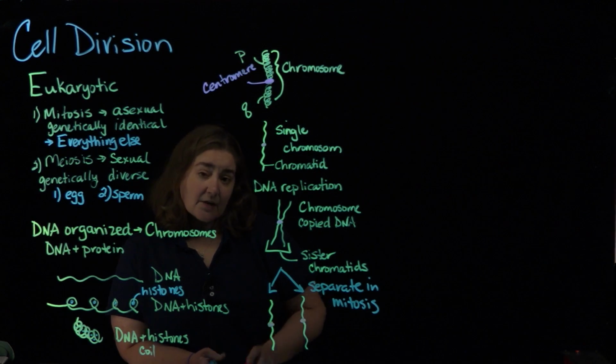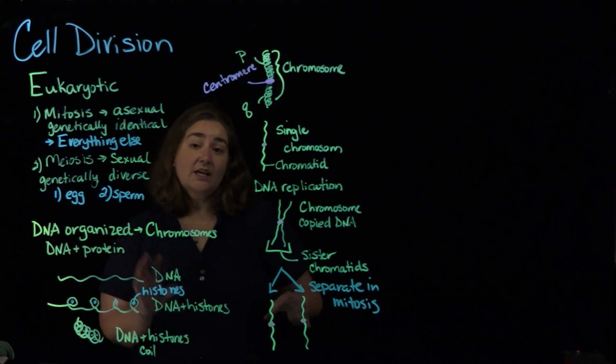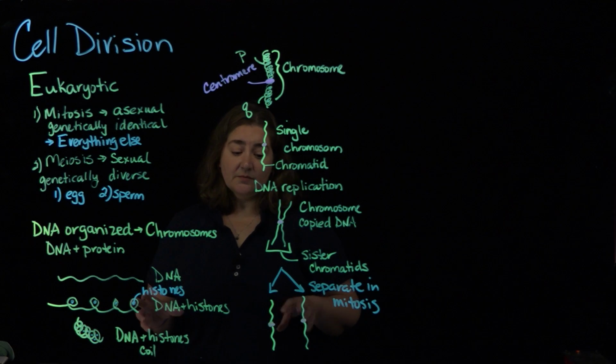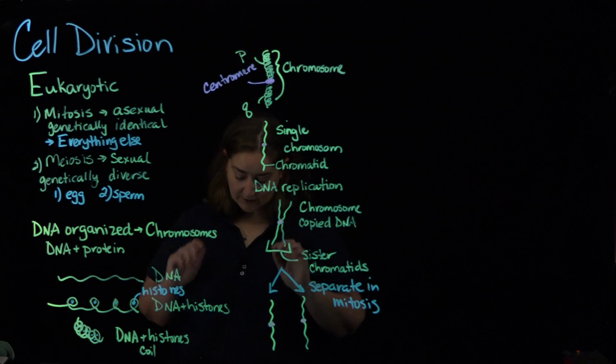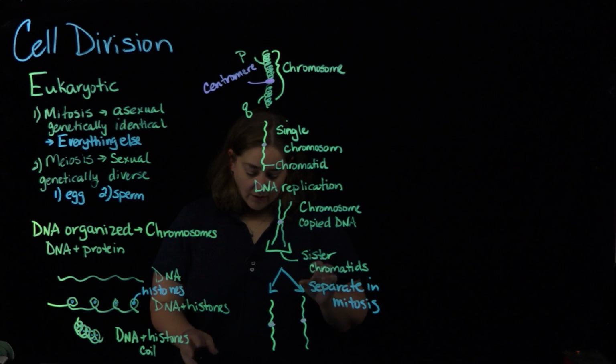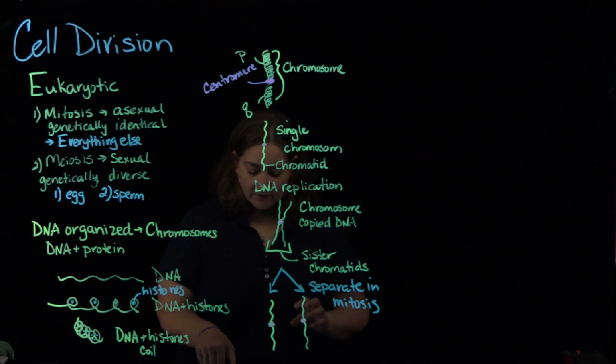Because we want to divvy up the information equally between the two cells, because those chromosomes represent the instruction manual for the cell. So those are our sister chromatids.